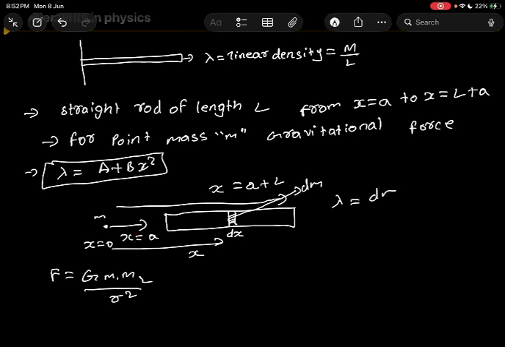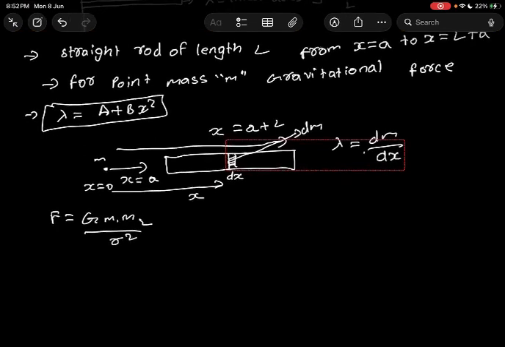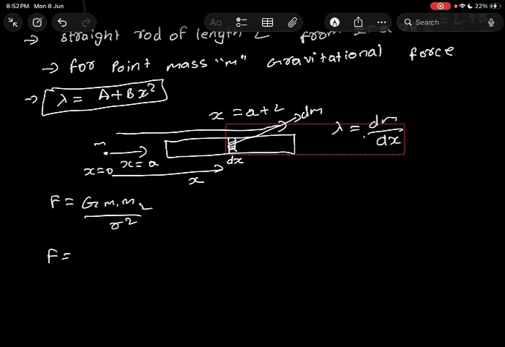So dm by dx. Yep, we are just going to write that. Here the gravitational force is for this mass, unit mass m, and for this dm. So G of m, and for this particular thing the force is very small, like we are just measuring this. We want the entire thing. Right now we are just taking the small part.